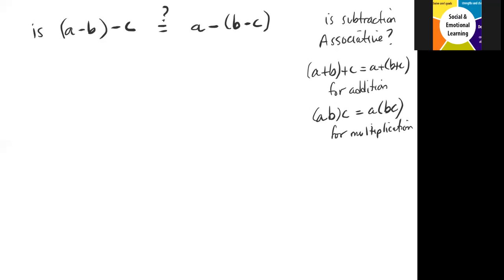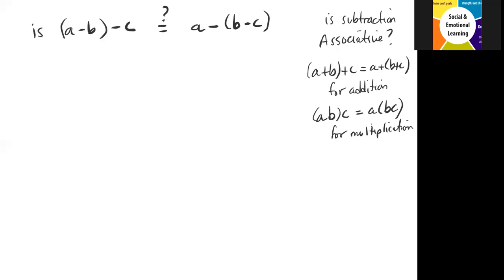So that's what we saw last week for the associative property. So does this statement make sense, based on how we simplified stuff in the last slide?